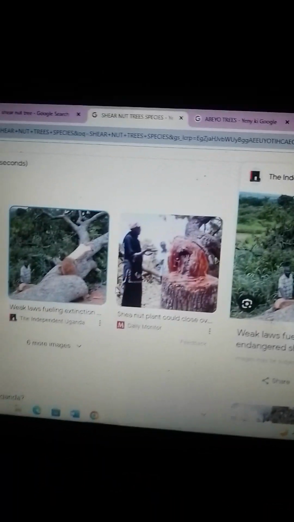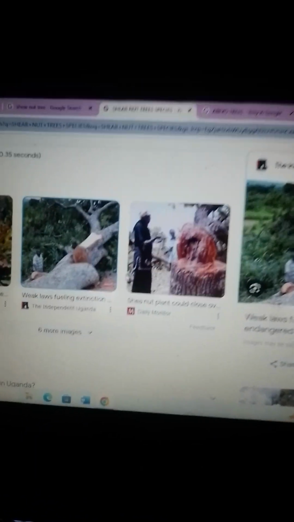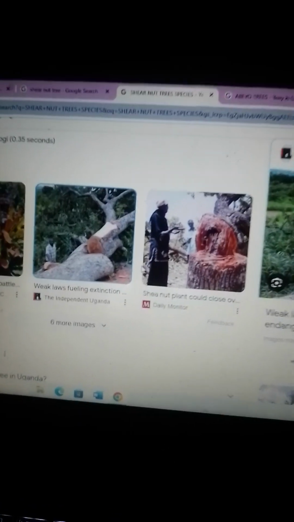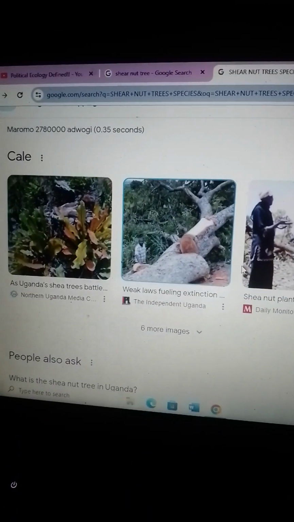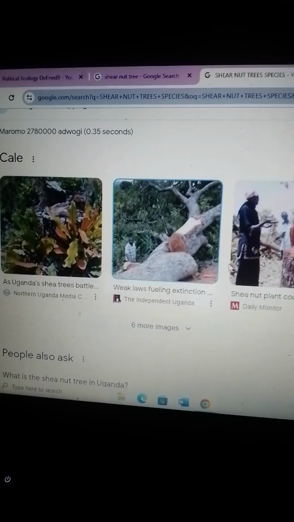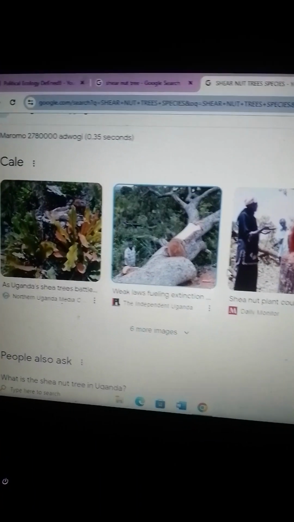Now, this is where political ecology becomes very interesting. You find that these people who cut the trees burn charcoal. When they reach a nearby trading center or a district headquarters with it, they're only given a receipt, they pay taxes and they walk away with it. So what is the implication?